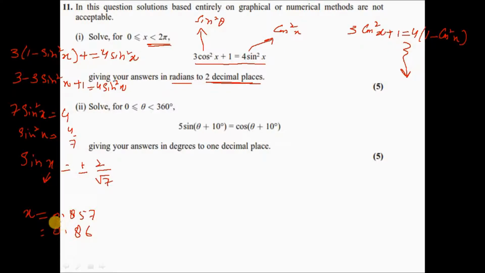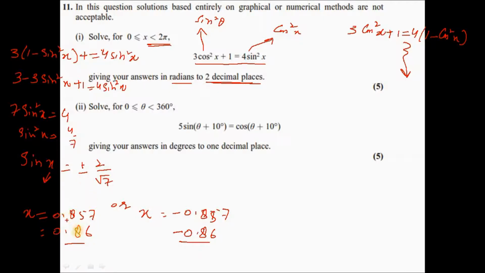This is the angle if you take x with plus 2 by root 7. And what if you take minus 2 by root 7? Then x would be equal to minus 0.857, or minus 0.86. So you have two angles for this function.